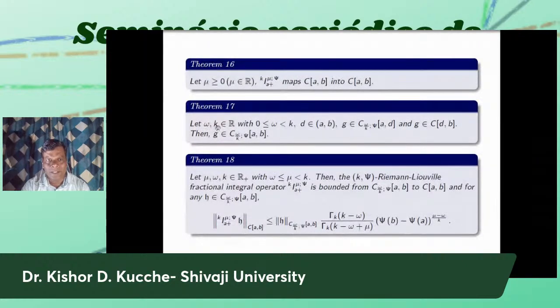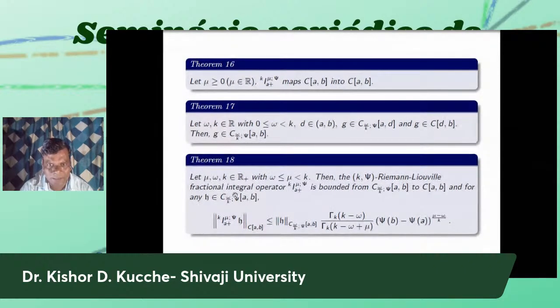If we are considering two real numbers omega and k, satisfying the condition 0 less than or equal to omega less than k, and if d is a number between a and b, if g lies in this weighted space from a to d, and g lies in the continuous space from d to b, where d is between a and b, then this g lies in the weighted space from a to b.